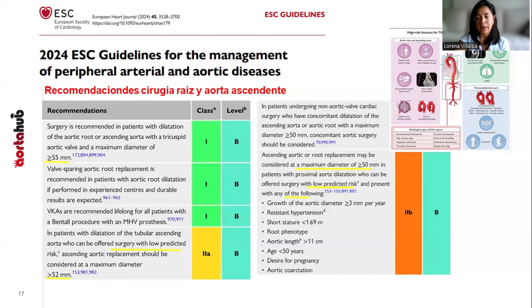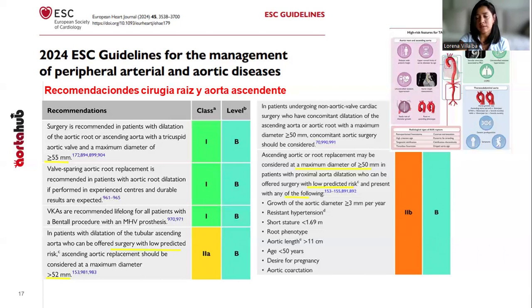For instance, a yearly growth rate of over 3 millimeters a year, hypertension that cannot be managed with medication, a shorter height, and the root phenotype deemed malignant.